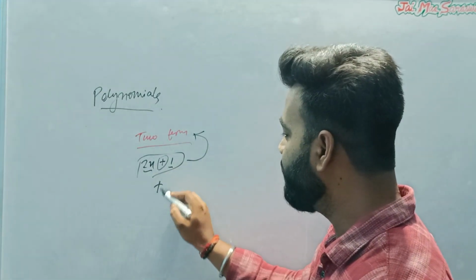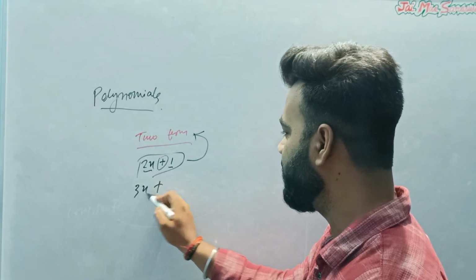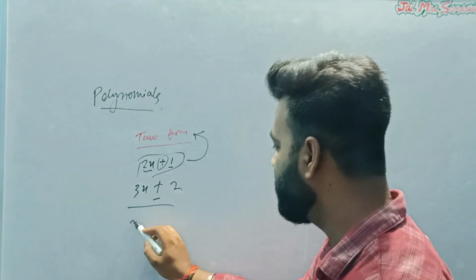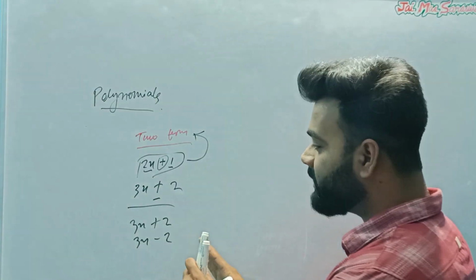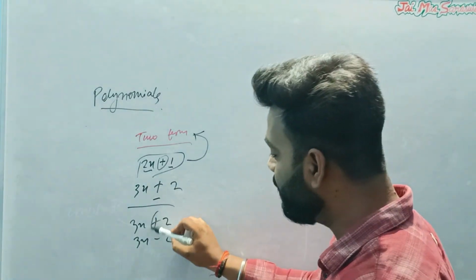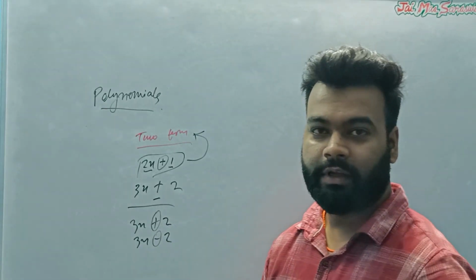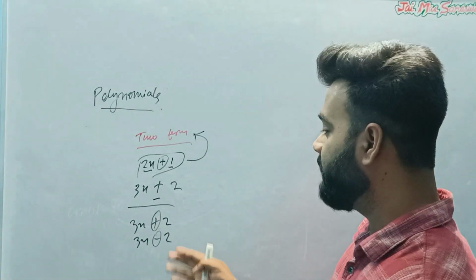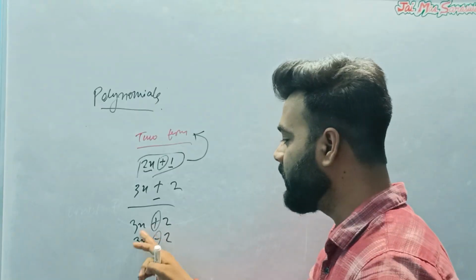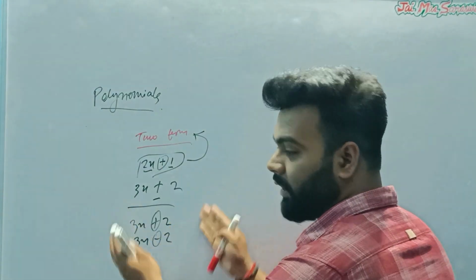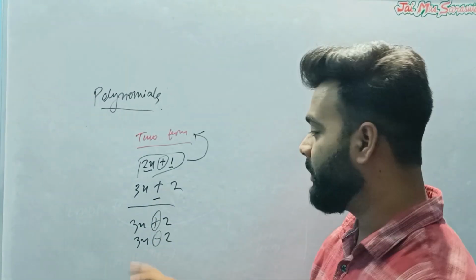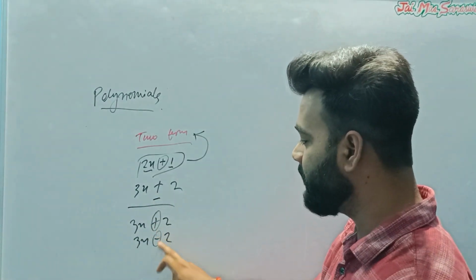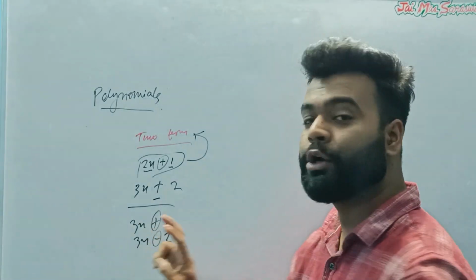Whenever there is a plus or minus sign between terms, for example 3x and 2, it can be 3x plus 2 or 3x minus 2, they are separated. If the sign is only multiplication, it is one term. But if the sign between them is a plus or a minus, it is considered as 2 different terms.